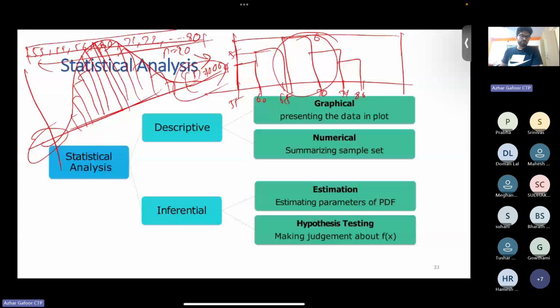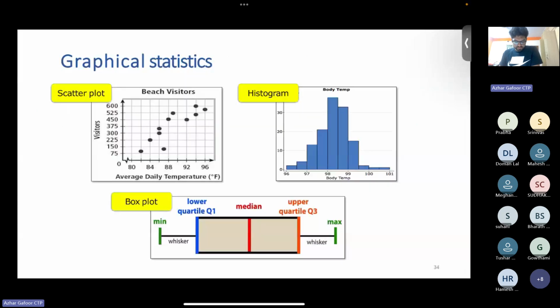So what we do is calculate the mean and variance of the data, assuming the data is from a normal distribution, and we use statistical methods to calculate the mean and variance, and report only that. Then we have the estimation of parameters of probability density functions and hypothesis testing. We'll see the hypothesis testing now.